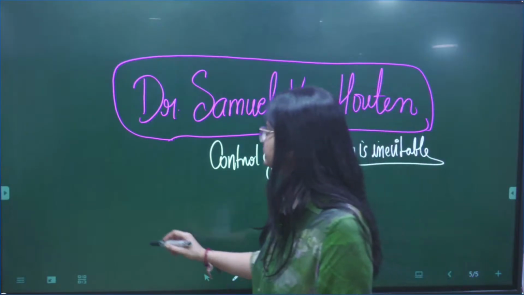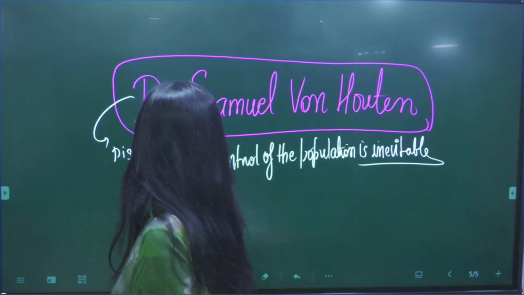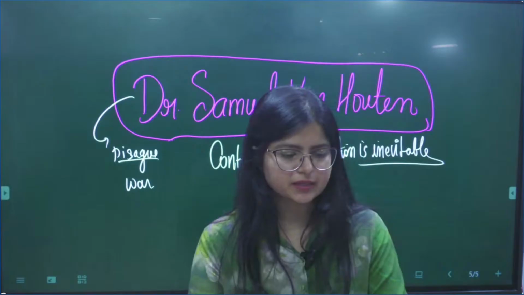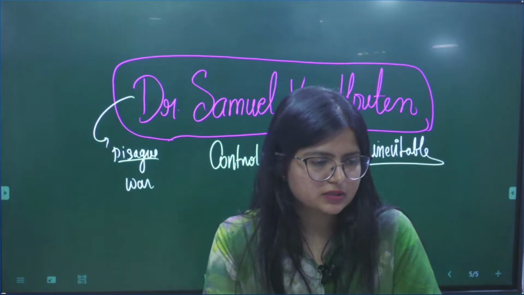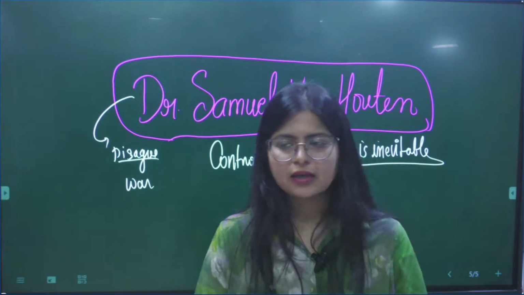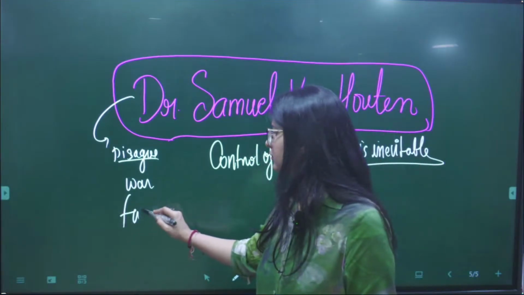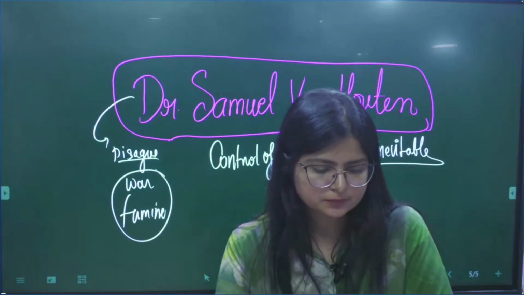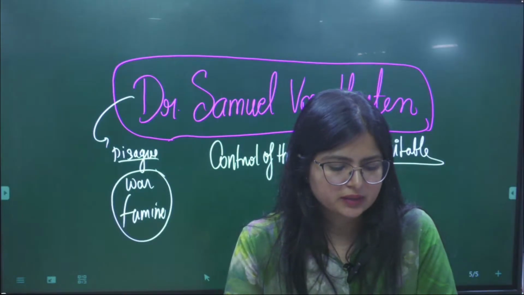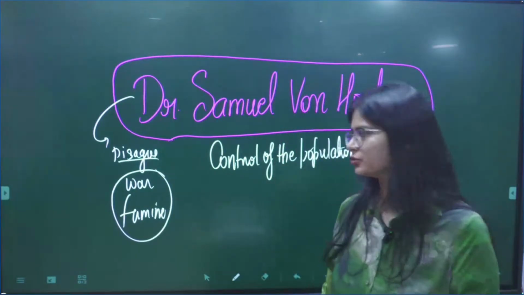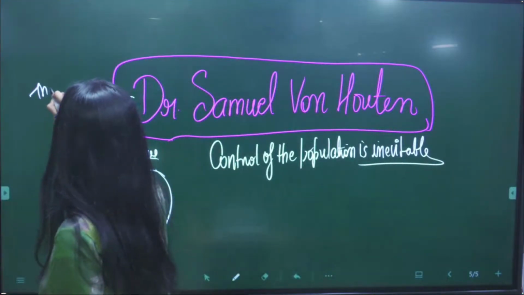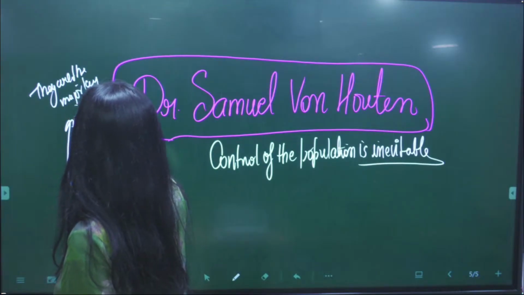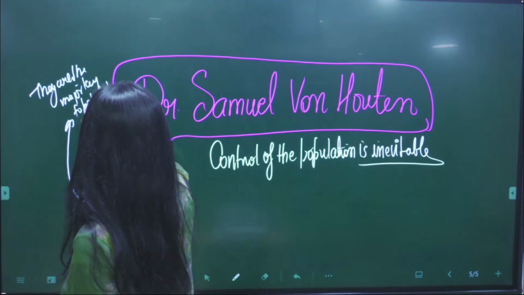However, they disagree with the other factors of Malthus, like war and famine, which he held to be the major key to population control.